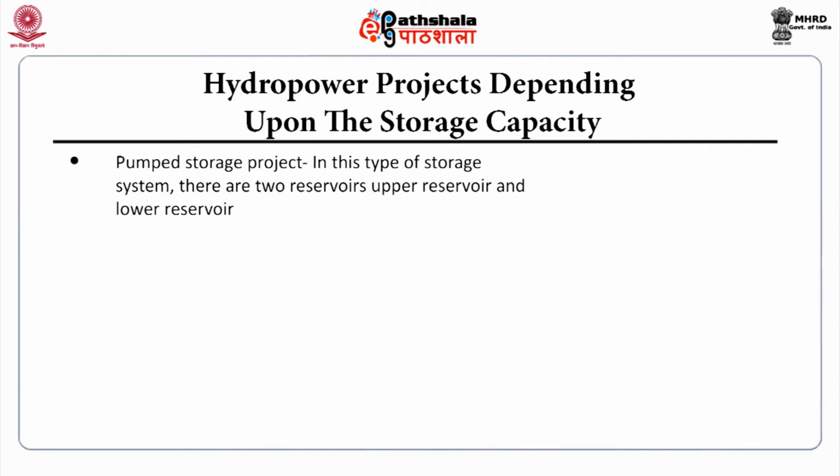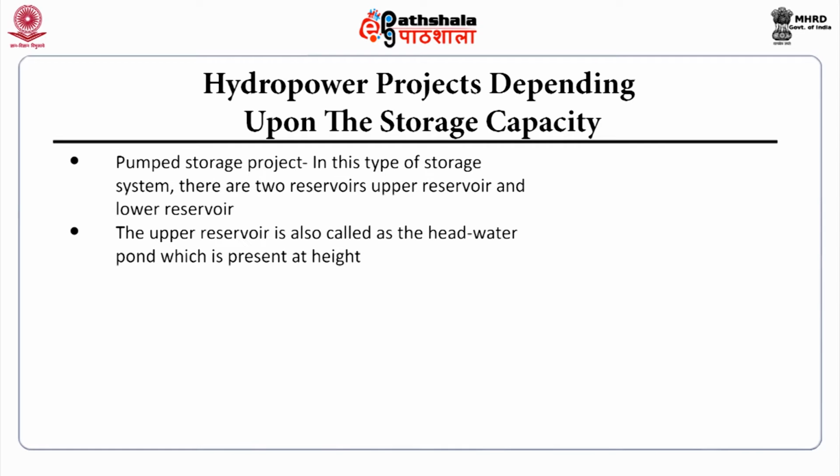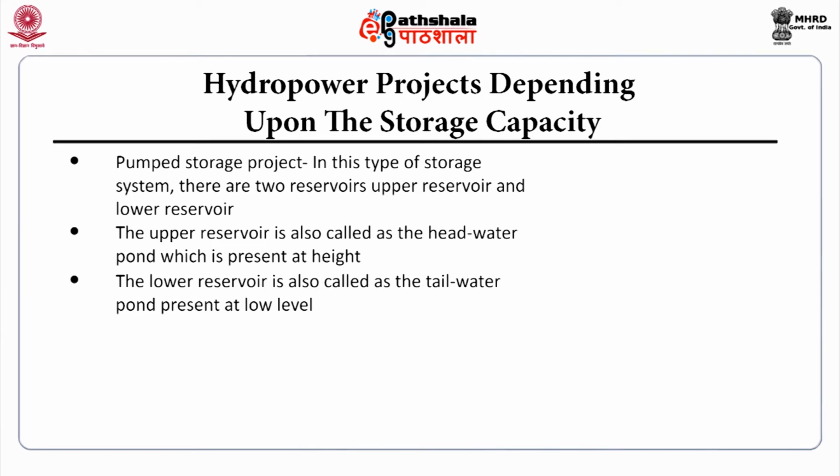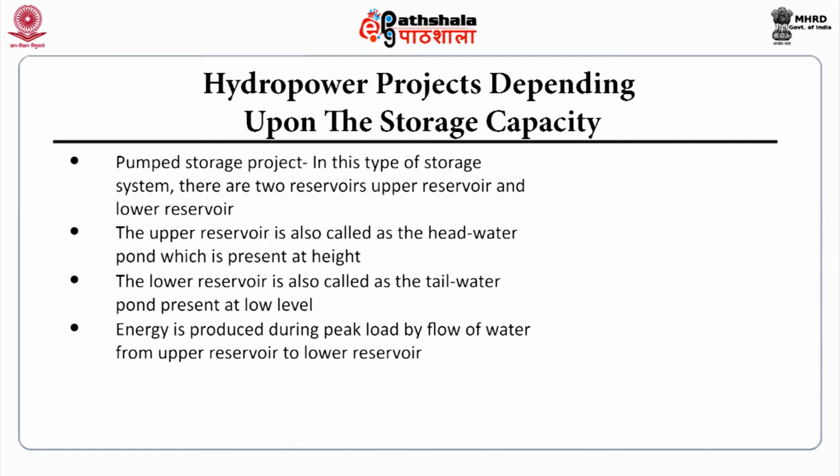Now, the pumped storage project. In this type of storage system, there are two reservoirs, an upper reservoir and a lower reservoir. The upper reservoir is also called the headwater pond, which is present at height. The lower reservoir is also called the tailwater pond, present at the low level. Energy is produced during peak load by the flow of water from the upper reservoir to the lower reservoir.